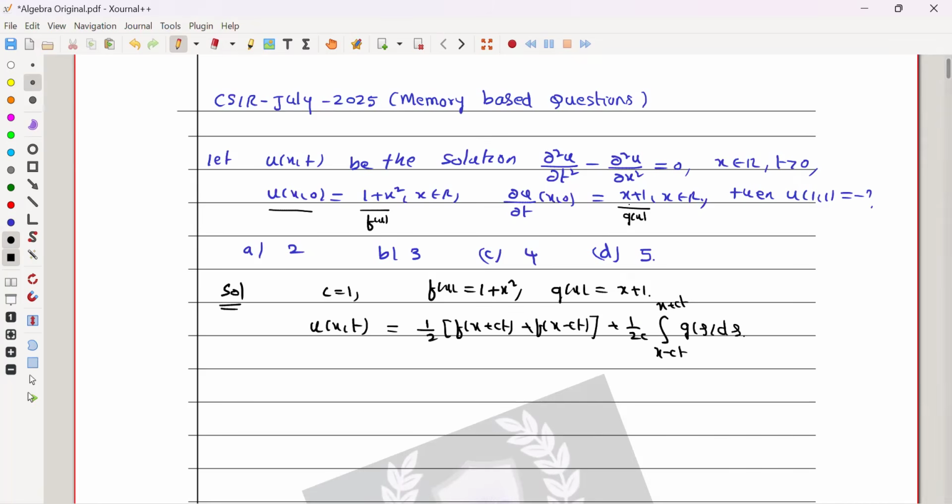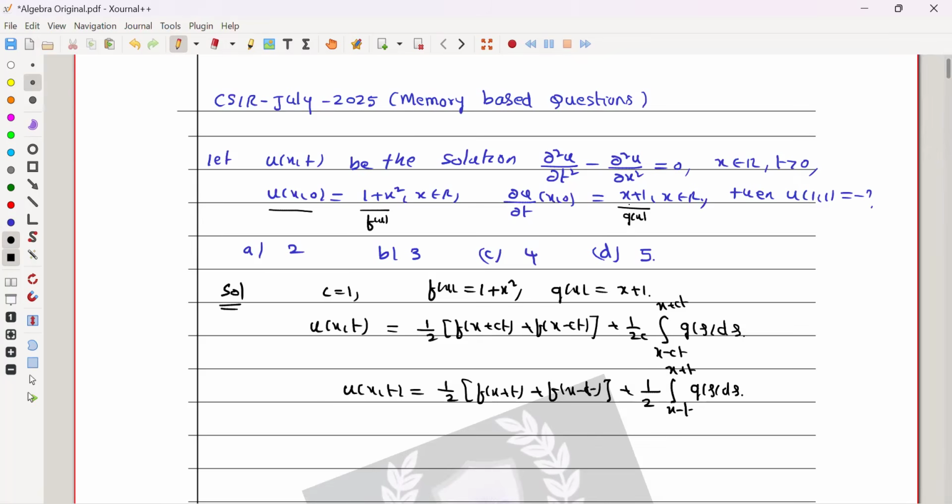So now substitute, where c is equal to 1: u(x, t) = 1/2 [f(x + t) + f(x − t)] plus 1/2 into the integration from x − t to x + t of g(s) ds.